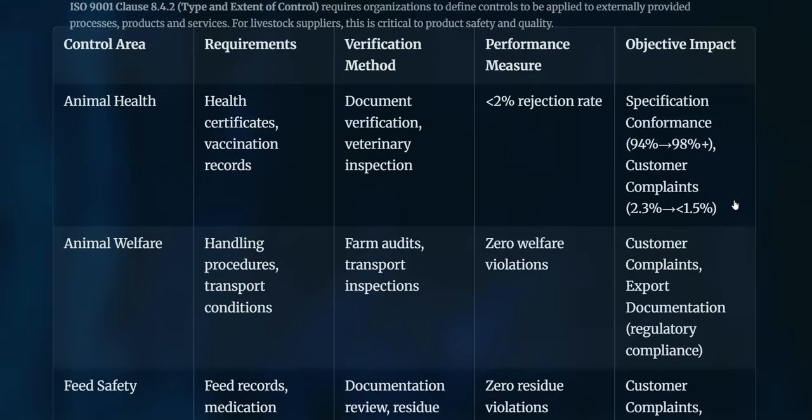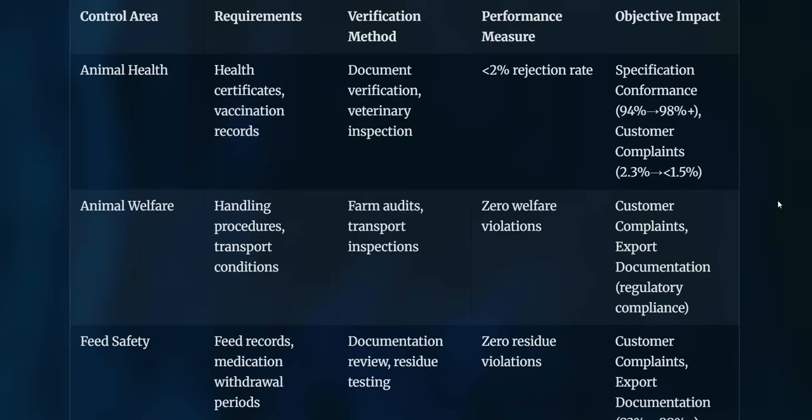The third control area is feed safety. The requirements for feed safety include feed records, medications, and withdrawal periods. The verification methods for this control area include documentation review and residue testing.